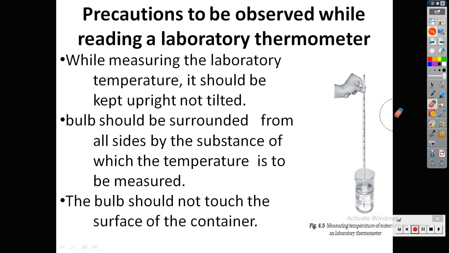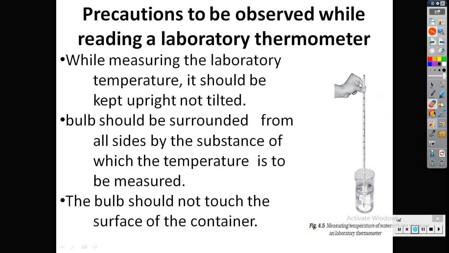In the straight way we have to put the thermometer. And second point, the bulb should be completely immersed. The bulb is inside the liquid now, so we will get the correct reading. If only half of the bulb is in the liquid, we will not get the correct reading. So the bulb should be completely covered by the liquid we are measuring.